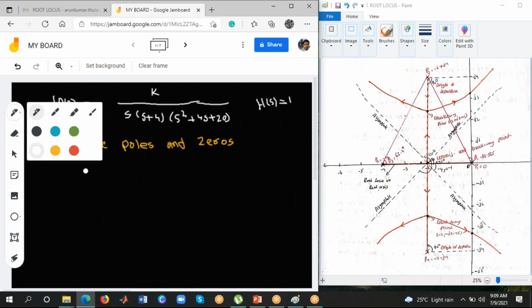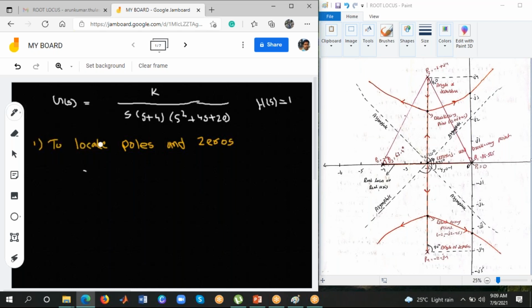From this, the denominator s into (s plus 4) and (s square plus 4s plus 20) equals 0.